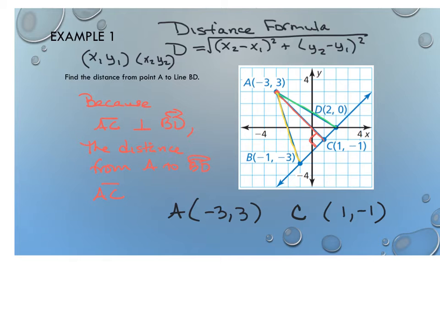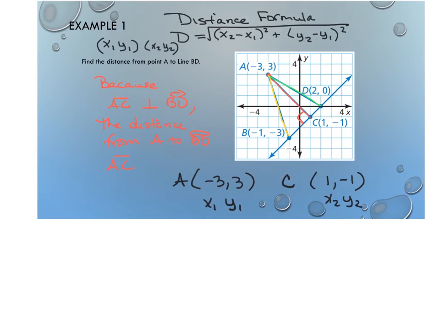Now, if it helps you to label which one is x1, y1, and which one's x2, y2, you can do that. You don't have to. It doesn't matter which one is which. I'm just going to say that my ordered pair for A is going to be x1, y1, and C will be x2, y2.